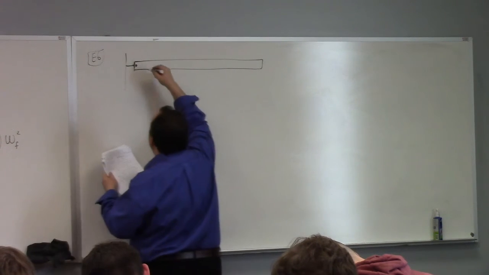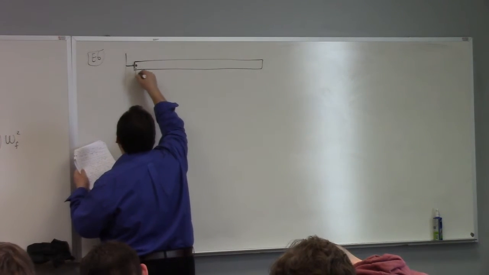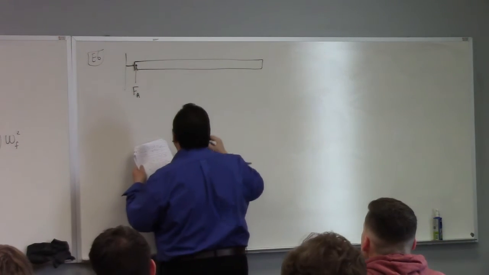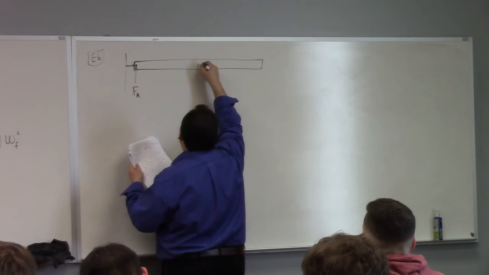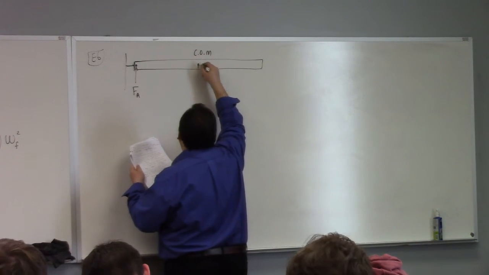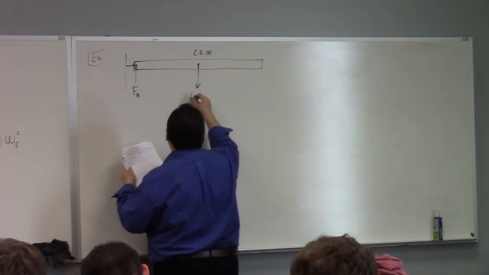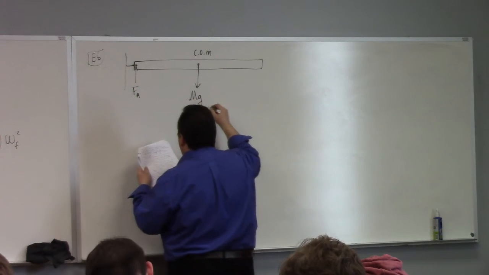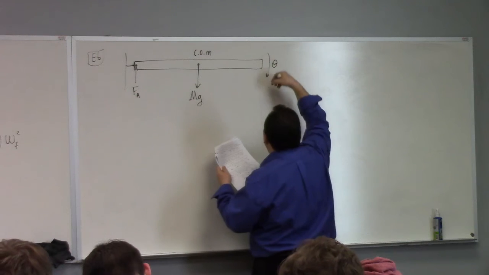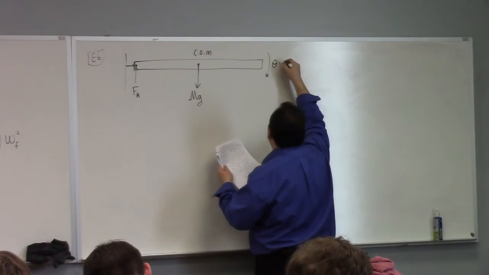And there is a force, I'll call FA there. We can imagine the force of gravity at the center of mass. It goes down, mass big mg, all right? And this is theta. In that direction, theta is going to be greater than 0.